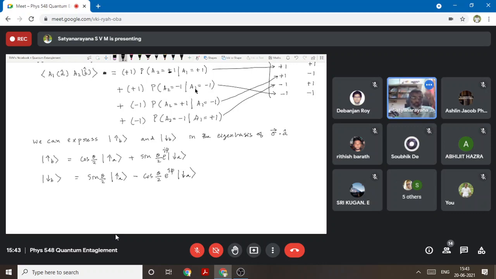So if there is an A cap like this and a B cap like this, theta is the angle between A cap and B cap.